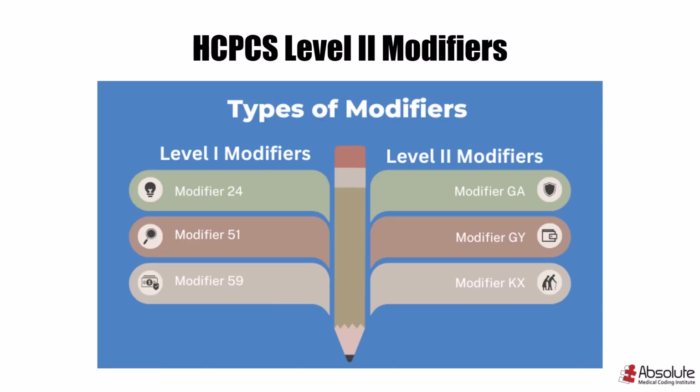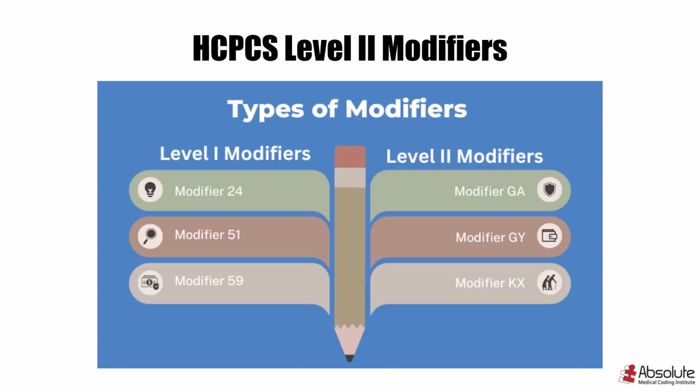However, a modifier can give more clarification and let the biller or the insurance company know that this was more extensive. And if you use a specific modifier, that provider could get more reimbursement for that complexity.